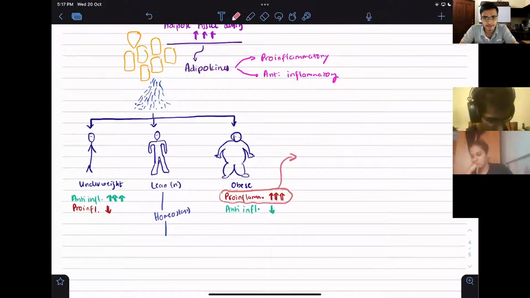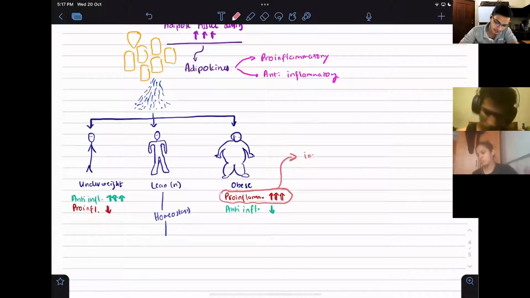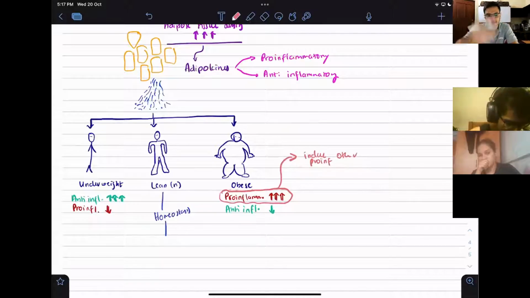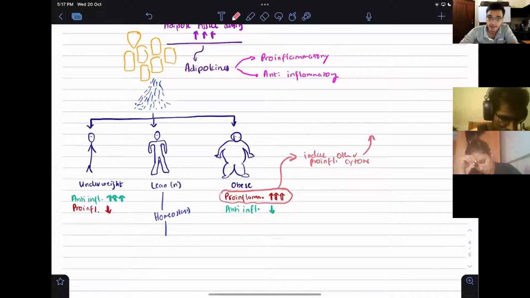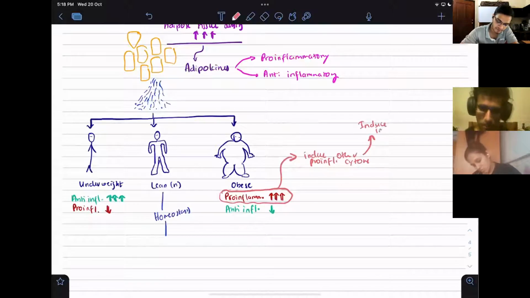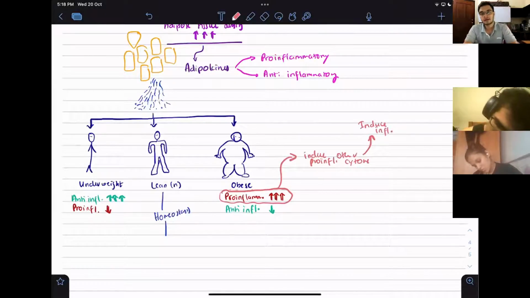These cytokines have some chemotactic properties, and they can also induce other pro-inflammatory cytokines: interleukin 1, interleukin 6, TNF, all of these things. And what can they do in the joints, guys? They can induce inflammation.